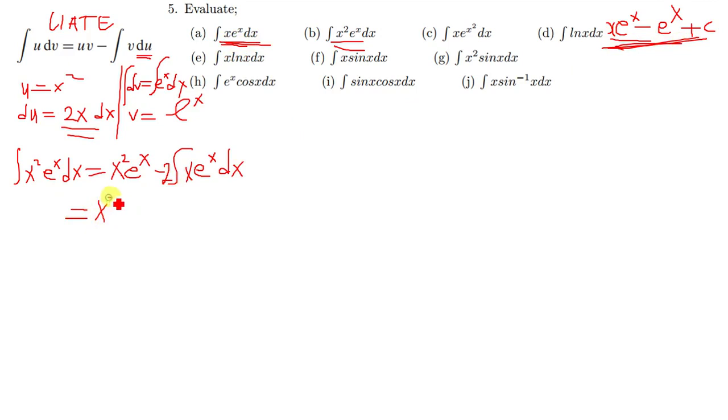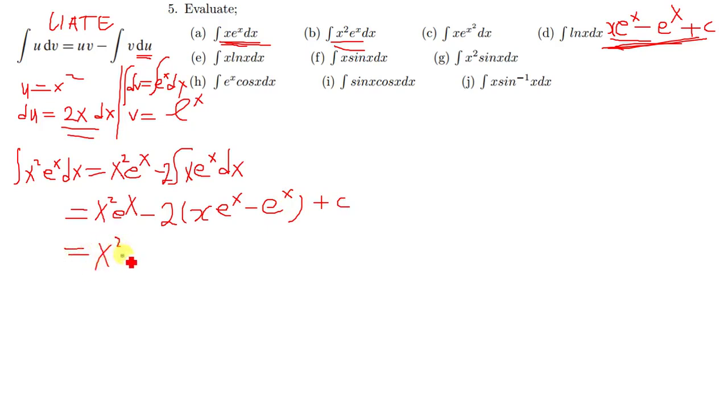So my solution will now be equal to e to the power x minus 2 and then open bracket x e to the power x minus e to the power x, and then close the brackets plus c. So here is just a matter of simplifying the expression.